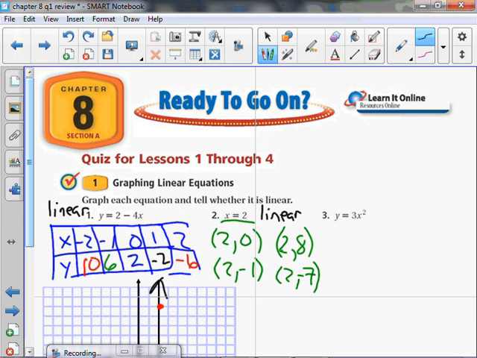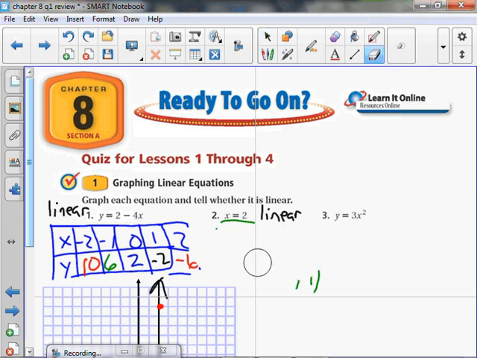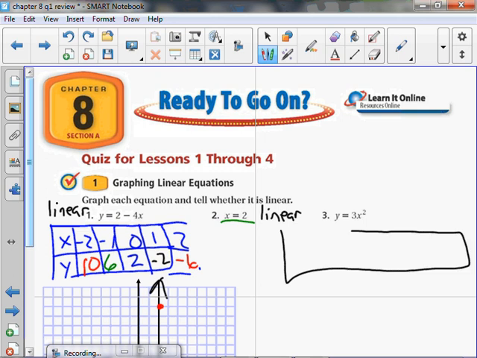Now let's find the next one. There's no real trick here, so I do need to do a table of values. And so what I will do is set up the table that we always do. X, Y. I'm going to pick -2, -1, 0, 1, and 2.